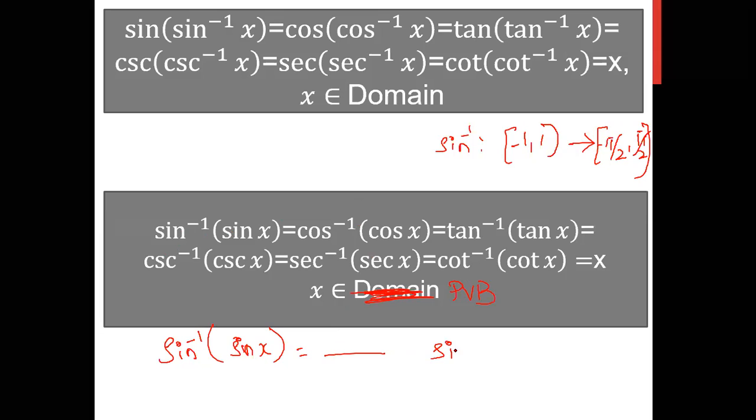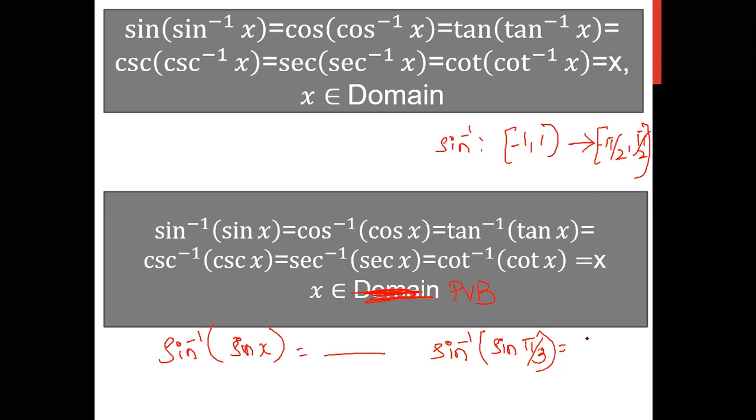For example, sine inverse of sine pi by 3. Check whether pi by 3 belongs to the principal value branch. Pi by 3 is 60 degrees. Whether 60 degrees lies in the principal value branch?